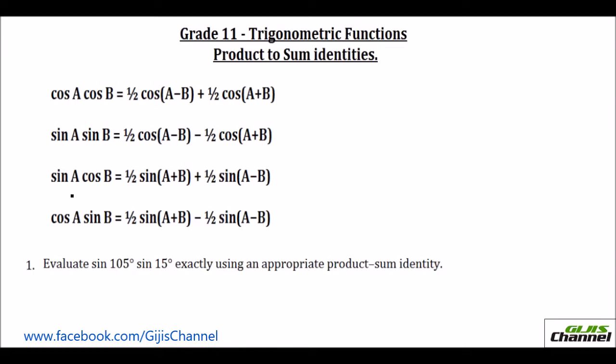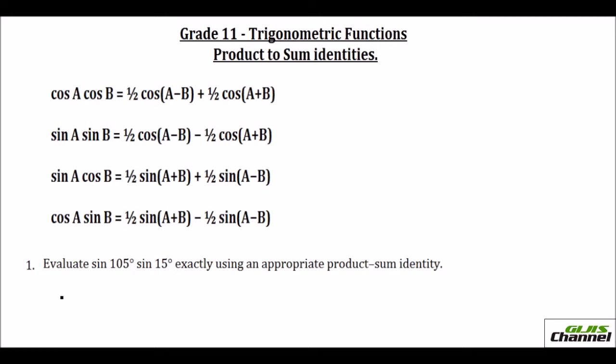So sin A cos B equals half sin(A plus B) plus half sin(A minus B), and cos A sin B is half sin(A plus B) minus half sin(A minus B). With these formulas, let us solve a few problems.